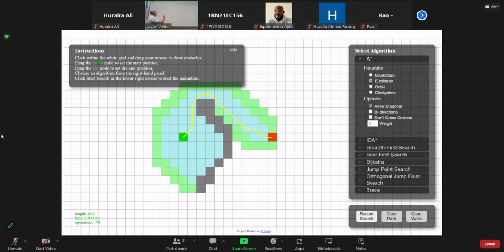Now it's different. Now, in the Chebyshev, that's going to be a distance of 1. What is the octile distance there? Yeah, the diagonal.